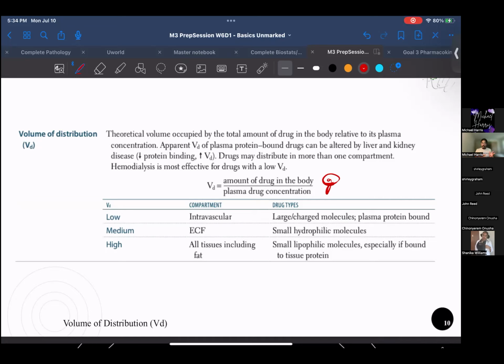versus a drug that is more of a target for, let's say, an enzyme. Which one do you think would have a higher volume of distribution? Something that's stuck inside the blood or something that can go inside the cells and target enzymes?